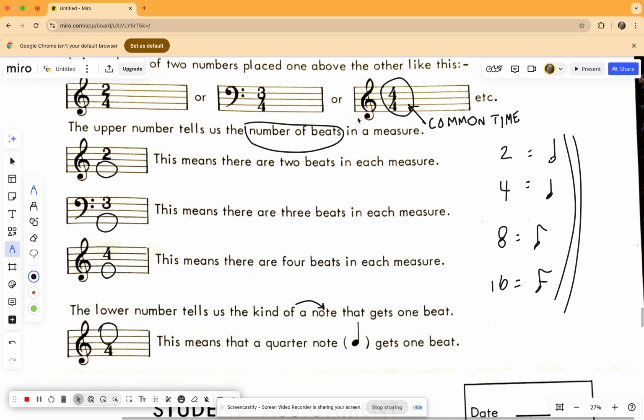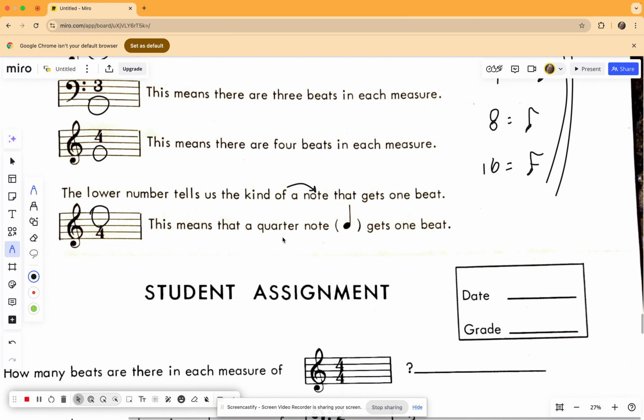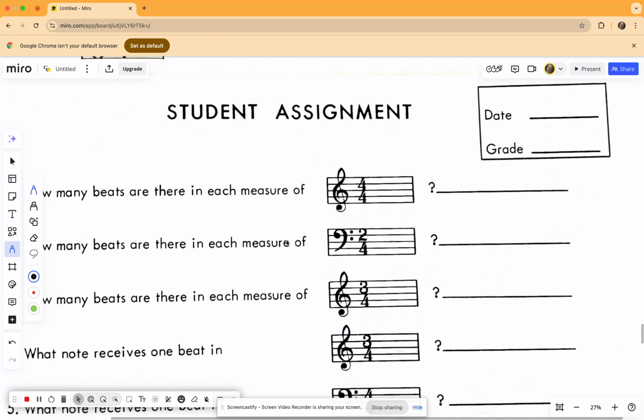And I would say 98% of the music out there right now uses 4/4 time. Okay? All right, so let's go to the student assignment now.